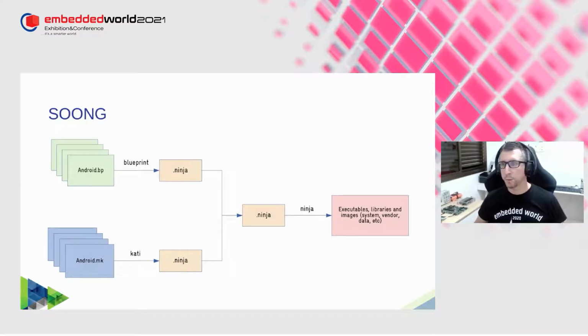Those files are still there, but they are moving to Blueprint files, so you can still see the makefiles there. Probably in a future version we won't have those makefiles anymore and only Blueprint files. Basically, those files describe how to build software, right? It's just another way to describe how to build software.